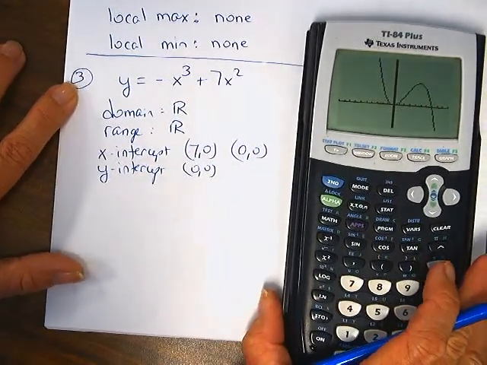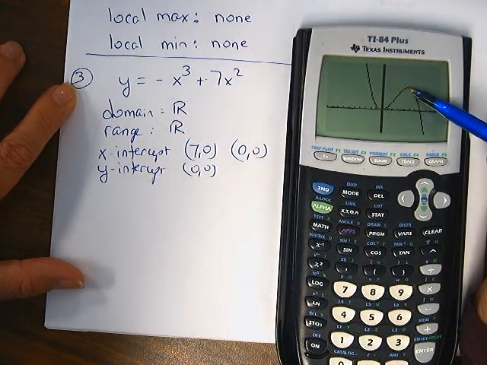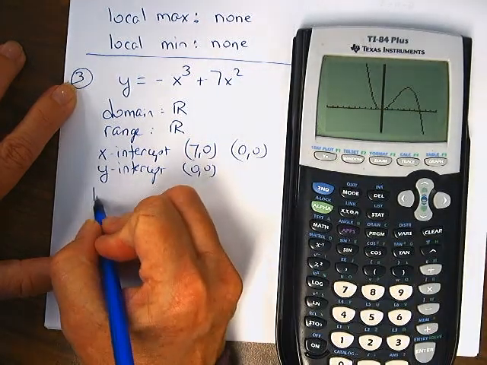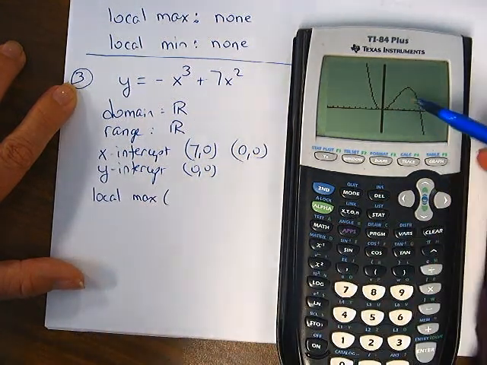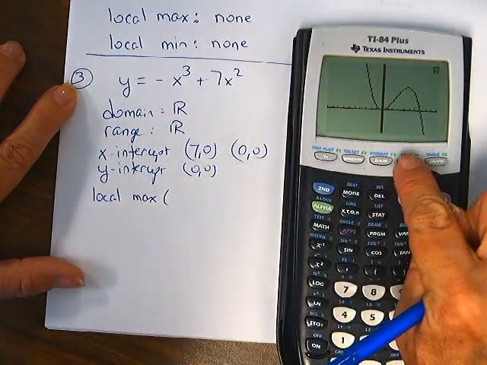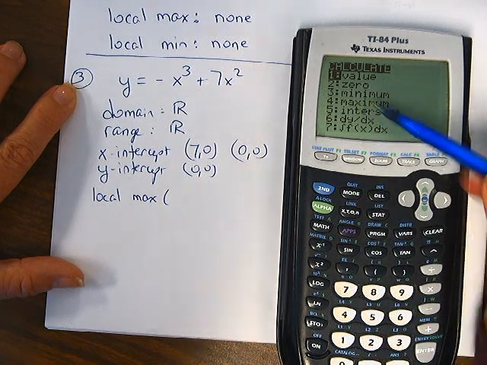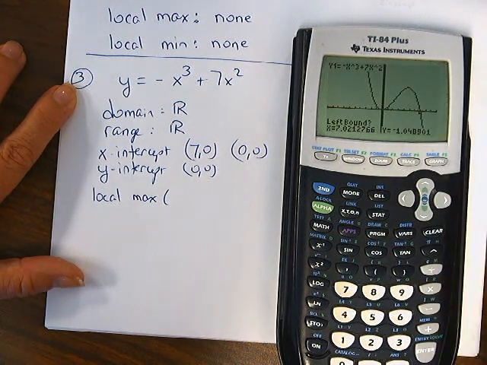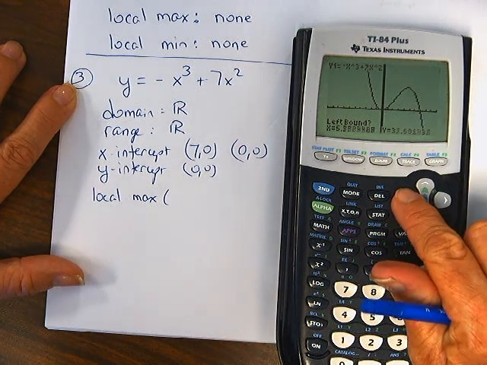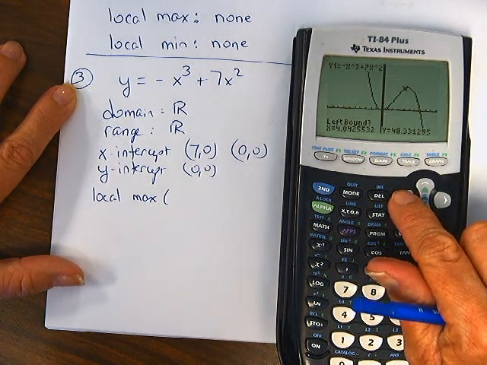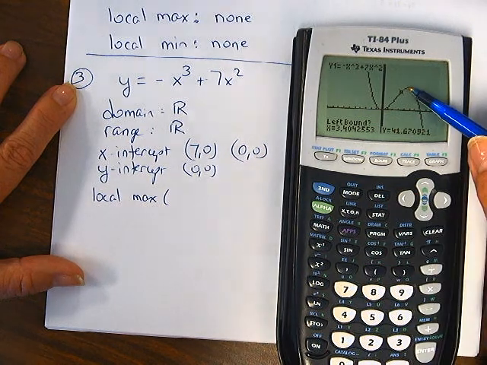Okay, it looks like we do have a local max and a local minimum, so we're going to take a look at those. So local max. Remember, to find this, we have to go to second trace. We're going to choose max, so option 4, and we need to be on the left side of the maximum. So using your left arrow, just move along till you're to the left of that maximum.